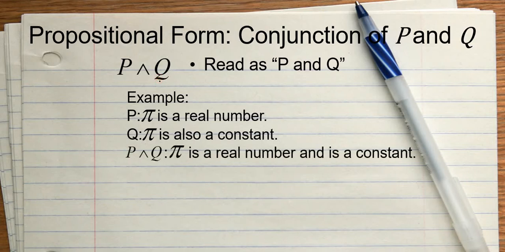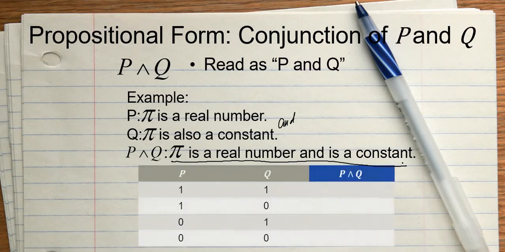Therefore, we can say that P and Q is pi is a real number and pi is a constant. But because we're using the English language, we can simplify the statement further by saying pi is a real number and is a constant.